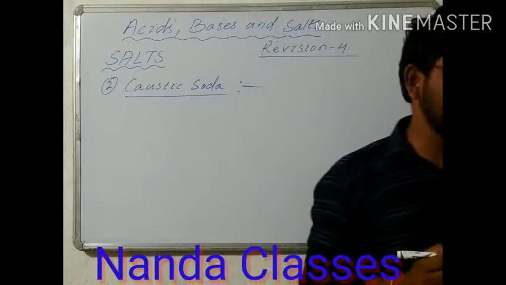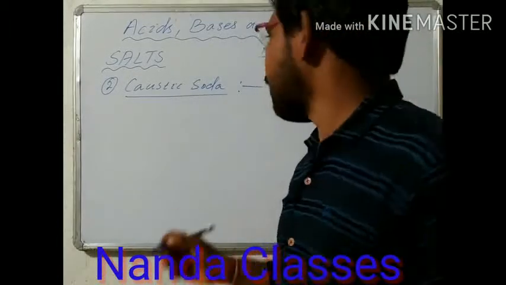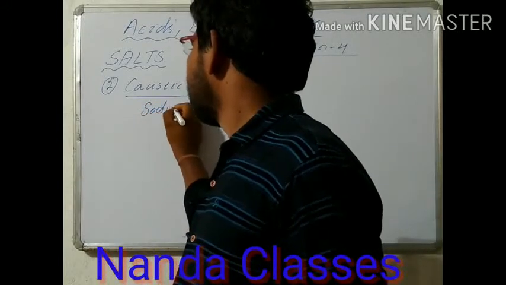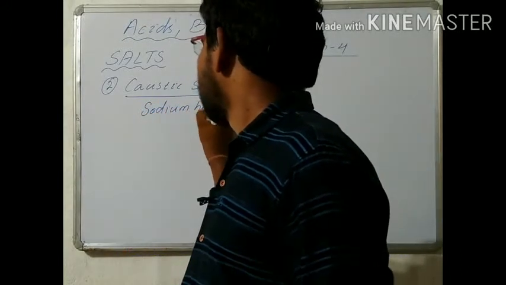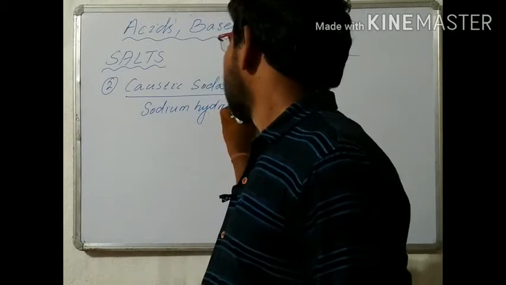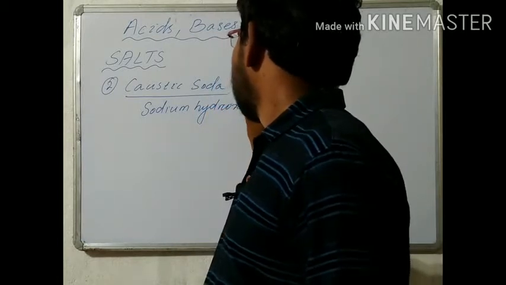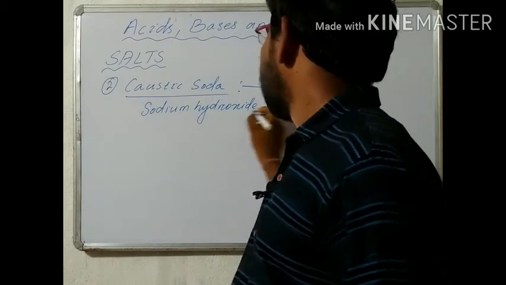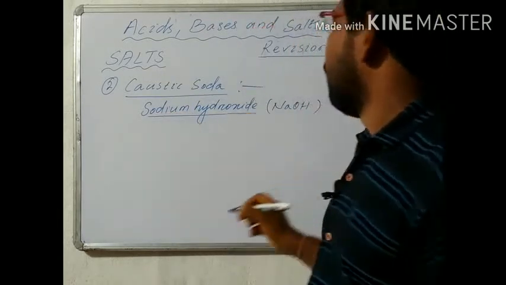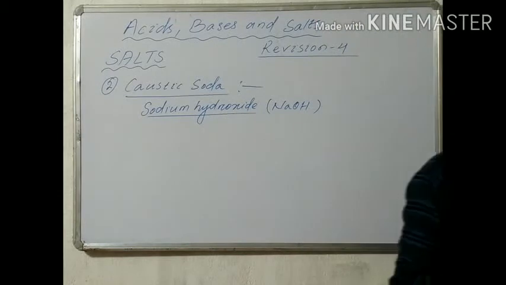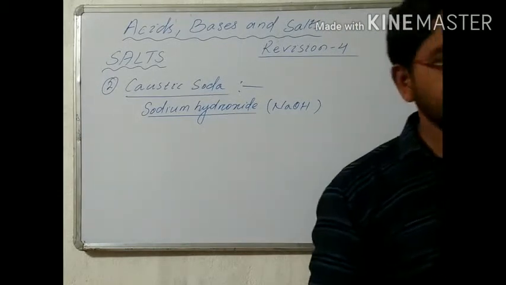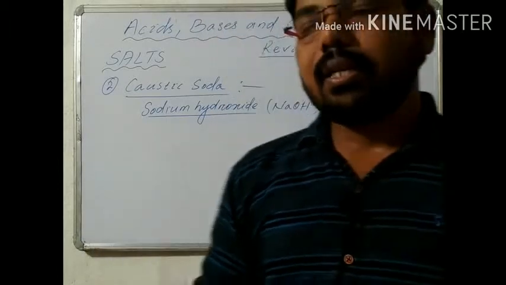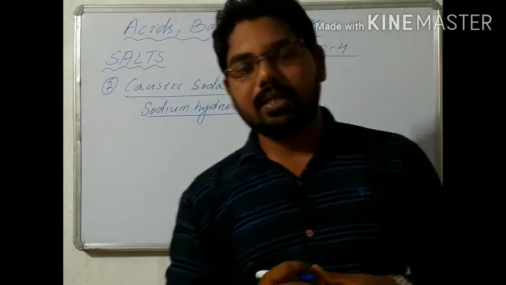The common name is caustic soda, and sodium hydroxide is prepared by passing electric current through an aqueous solution of NaCl.